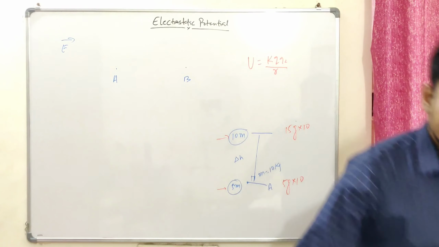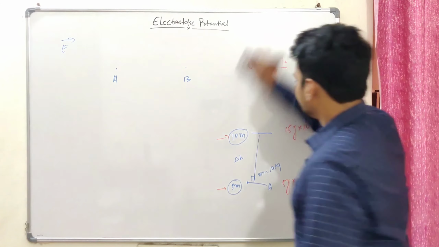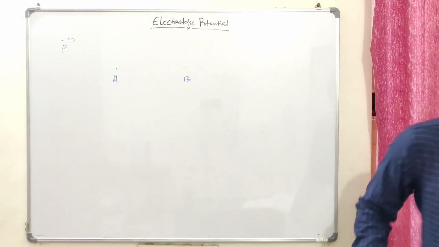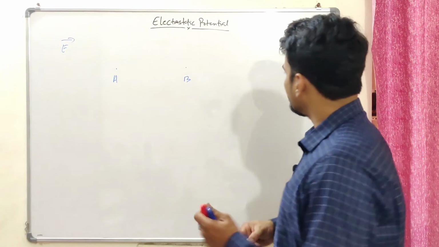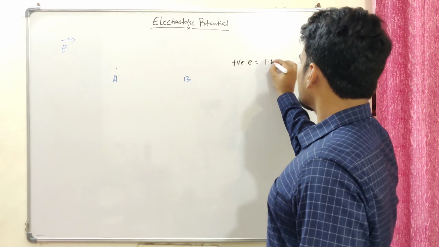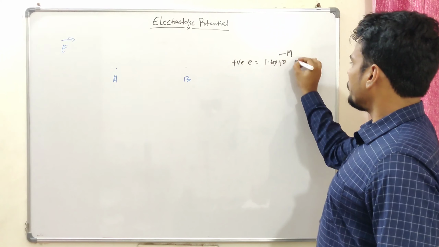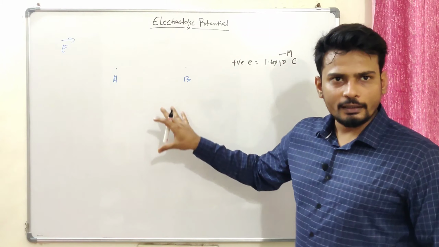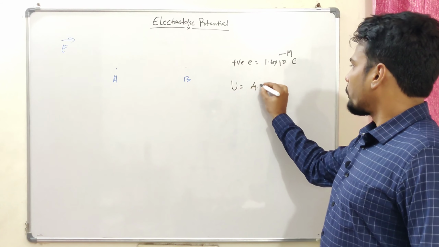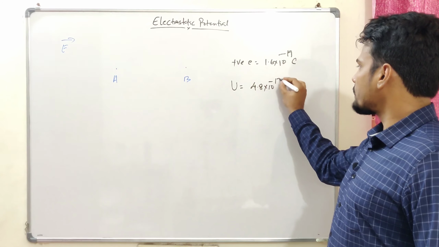Let's say, for example, if I have a positive charge, let's say a positive electron charge, that is 1.6 times 10 to the power of minus 19 coulomb, in a certain electric field, such that the potential energy at that particular point is, let's say, 4.8 times 10 to the power of minus 17 joule.